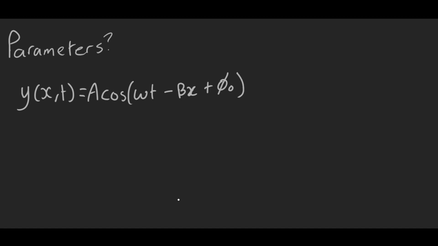So why I try to make that clear that it can be plus or minus, because that influences the direction of your traveling wave. So here we have minus beta x. So because there's a minus sign there, that means our wave is traveling forward along x. And the opposite here, if it was a plus, that means our wave would be traveling backwards along x.